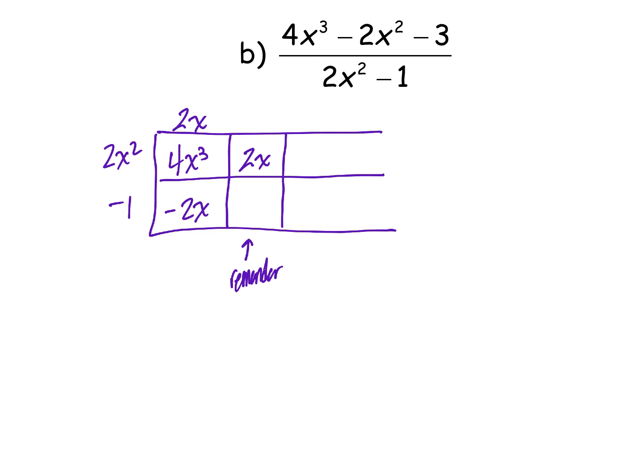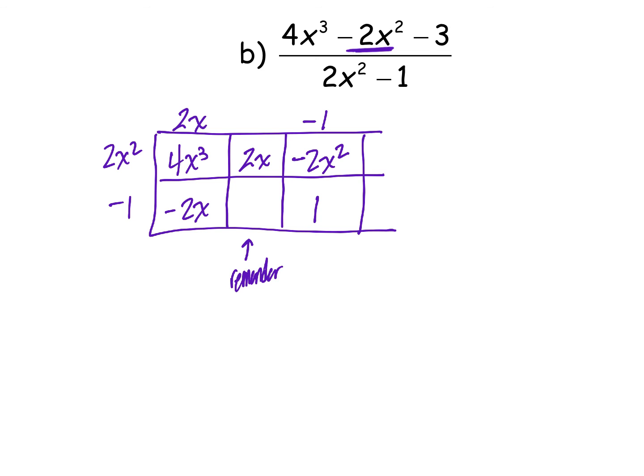But I still have a term that we haven't dealt with in my equation, which is the negative 2x squared, right? So I have to go to that one. So what do I multiply 2x squared by to get negative 2x squared? Negative 1. And then negative 1 times negative 1 is not 2, it's 1.